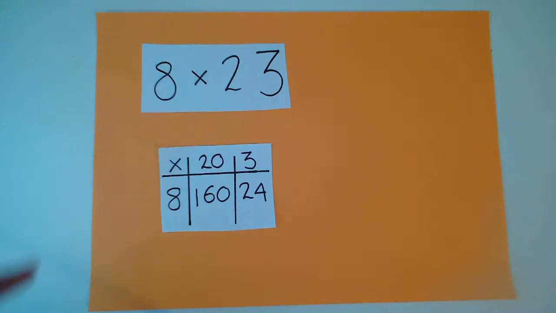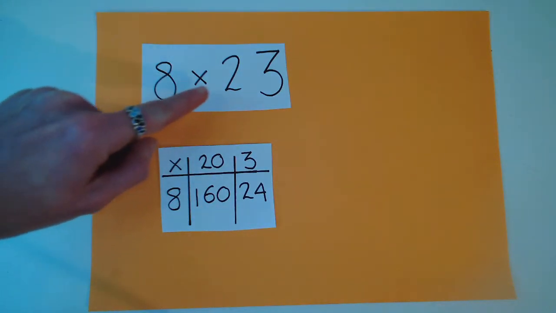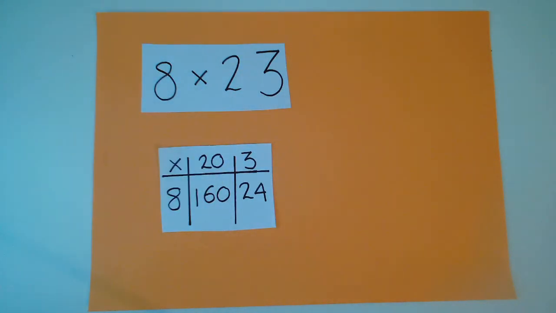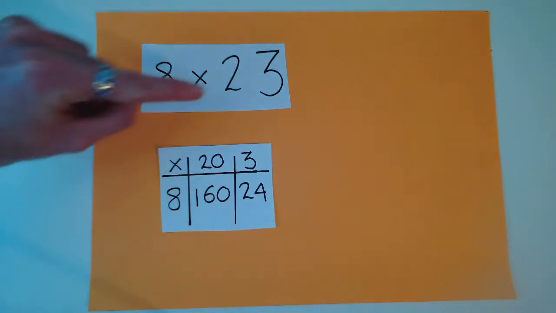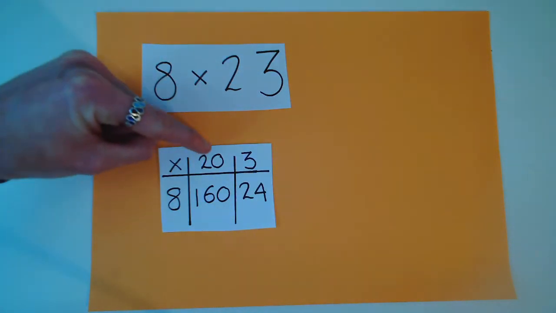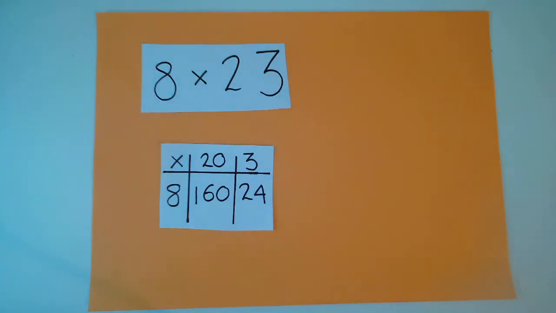So our next orange problem was 8 times 23. So our grid should have the 8 on the side and then 23 separated into 20 and 3. So 8 times 20 is 160 and 8 times 3 is 24.